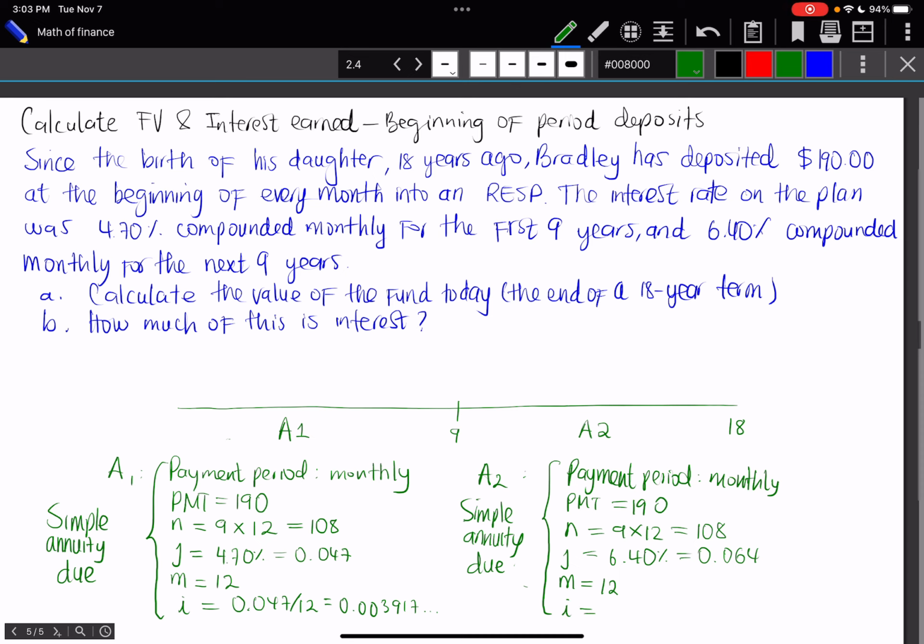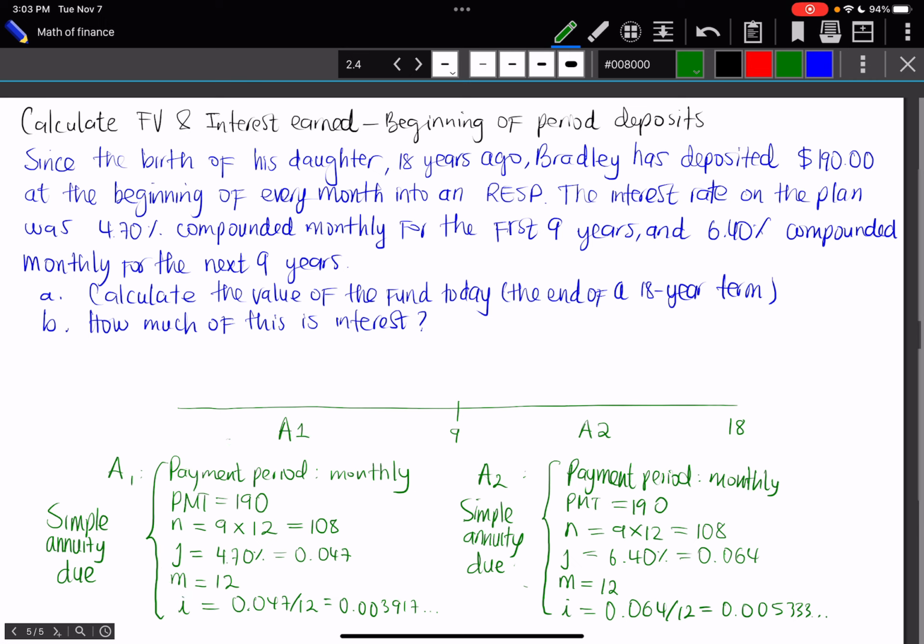So the periodic interest rate is 0.064 divided by 12. And when we compute that value, we obtain the number 0.005333 and more digits. So here we have all the information we need to work with the second annuity, and all the information we need to work with the first annuity.